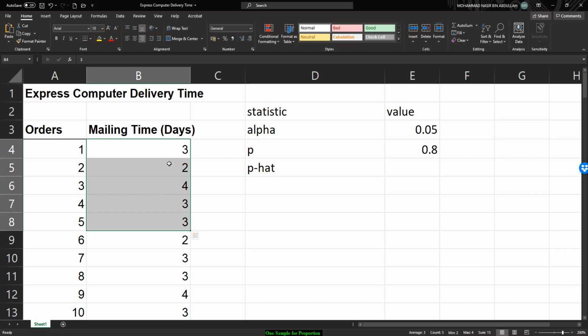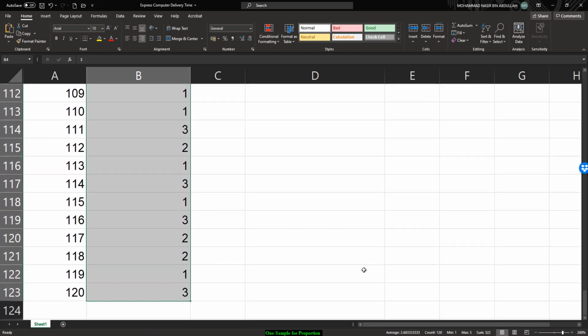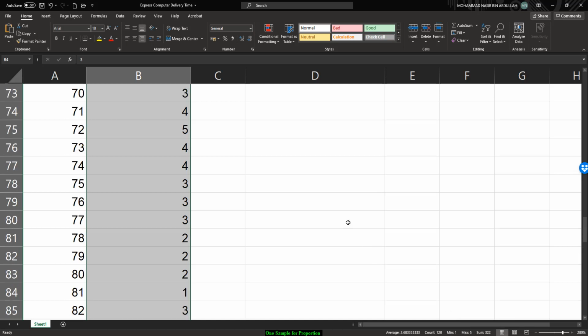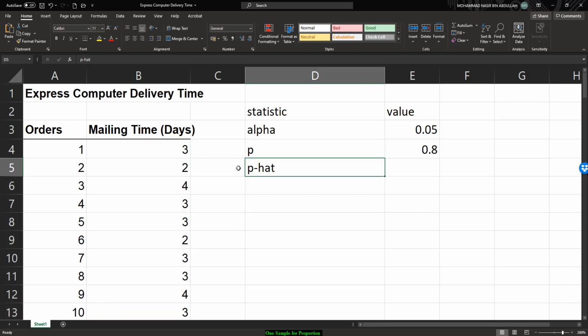Let's highlight all the column here for mailing time, and if you look at the bottom side, the minimum value is equal to 1 and the maximum value is equal to 5. Now we want to calculate the proportion of mailing time less than or equal to 3 days. So we want to calculate P hat.